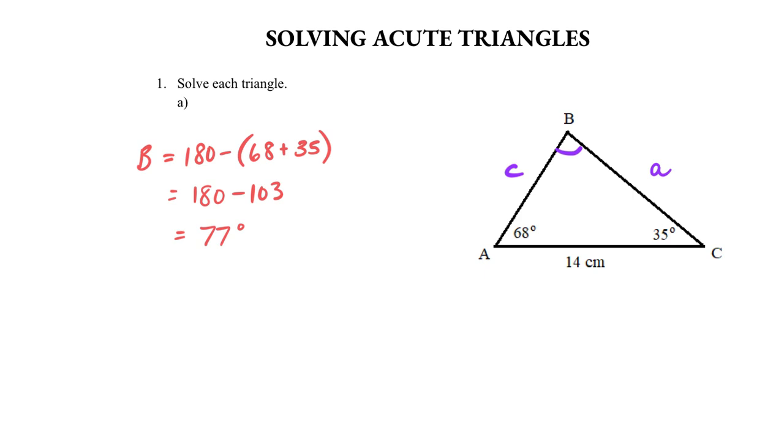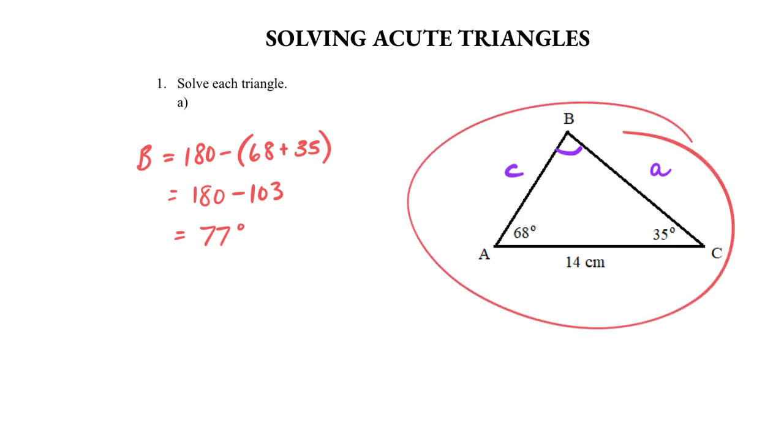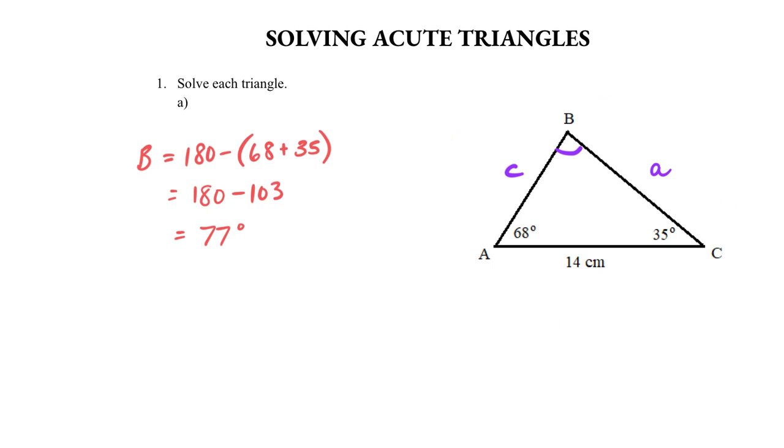Okay, now that we know that angle B is 77, we've got the angles taken care of. Now we've got to jump over to sides. And there is nothing in this that is going to dictate my order. The first thing I need to recognize is that I am working with a triangle that is not a right triangle. So SOHCAHTOA, Pythagorean theorem, that's all out the window.